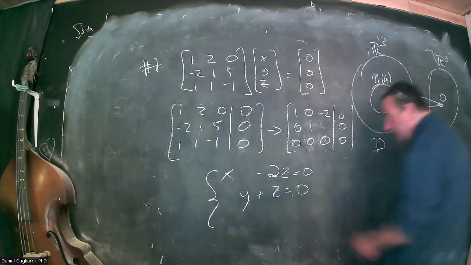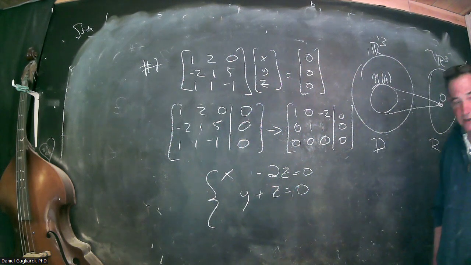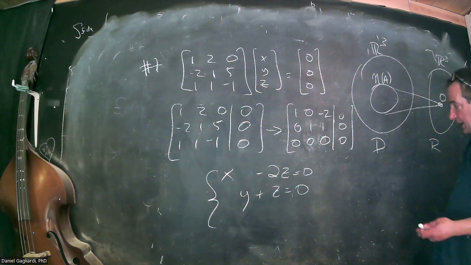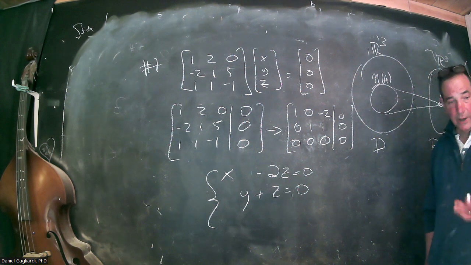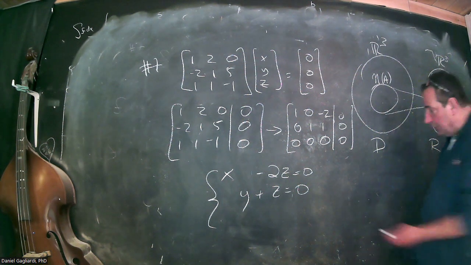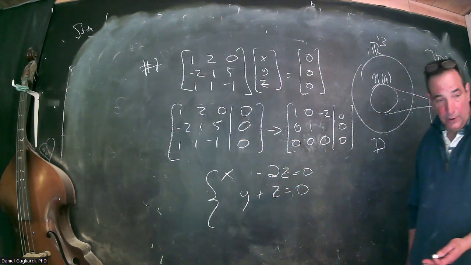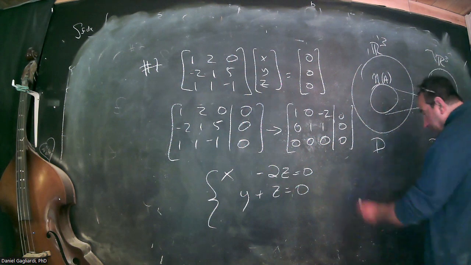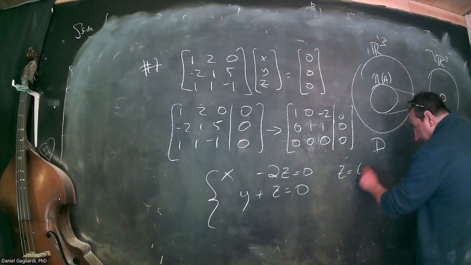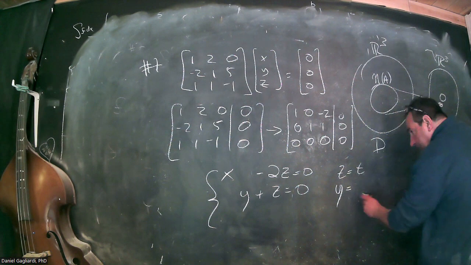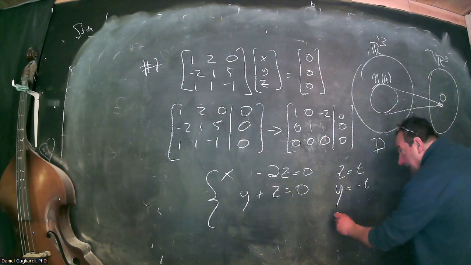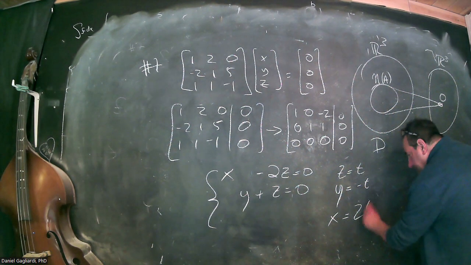Notice that there's nothing said about z, so z is a free variable. So it looks like we're going to get a one-dimensional null space because with one free variable, we'll assign that free variable z to be equal to t. Thus, y is equal to negative t, and x is equal to 2t.